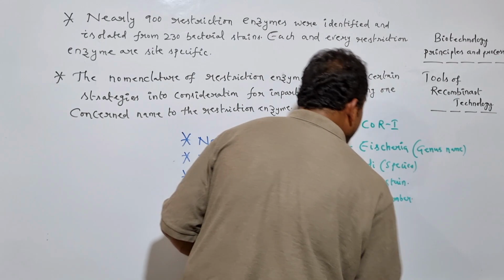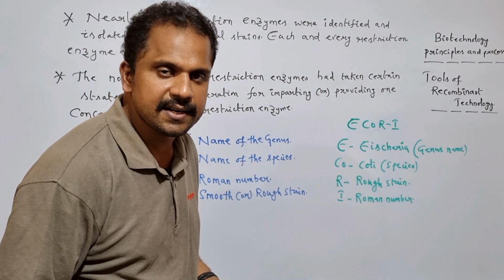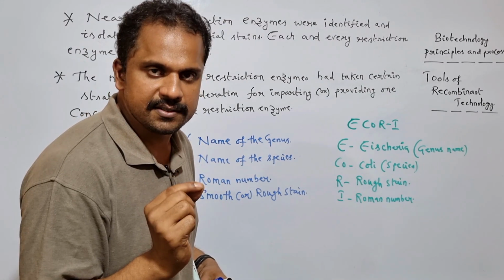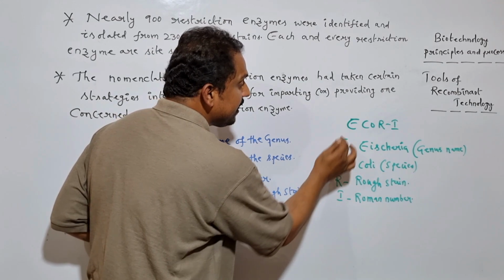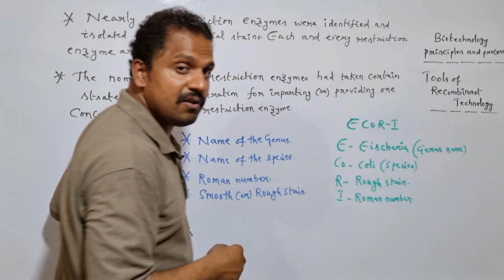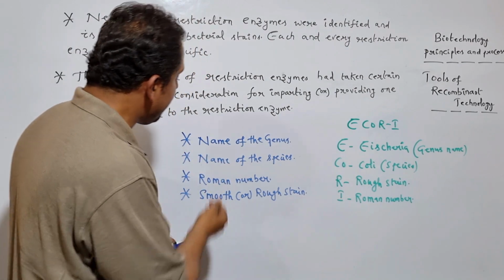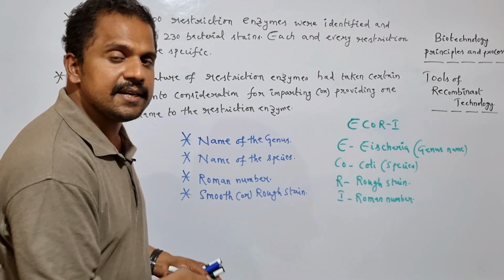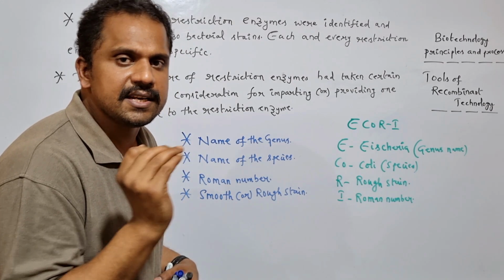The concerned Roman number indicates the order of the particular restriction enzyme which is isolated from the particular microbial strain. Is it clear? So once we intermingle all these things, it is together termed as what? EcoRI. Is it clear? So in this way, by taking advantage of all these strategies into consideration, each and every restriction enzyme has acquired one concerned name from the nomenclature of the restriction enzymes.